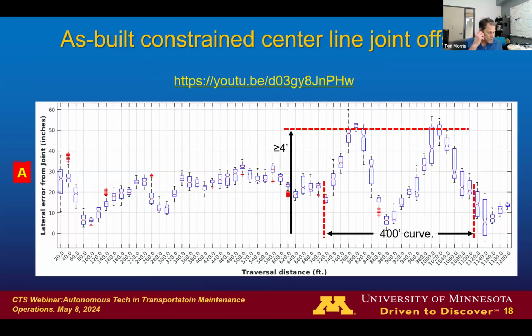The second one is very interesting, much more dramatic. It was off considerably. I don't know if this is maybe atypical of construction jobs. Actually, I admit I really don't know. We'd have to do more studies. But the point being that the center line where it was actually built is considerably different than where the joint line is.